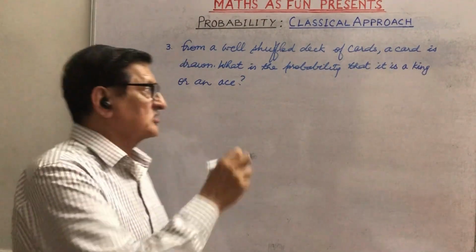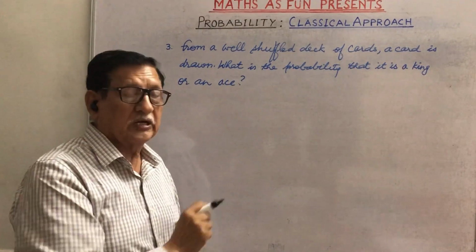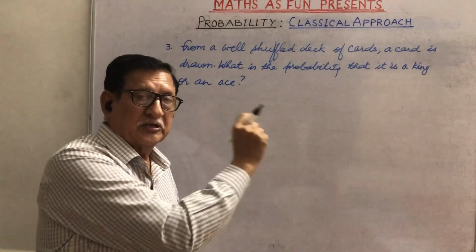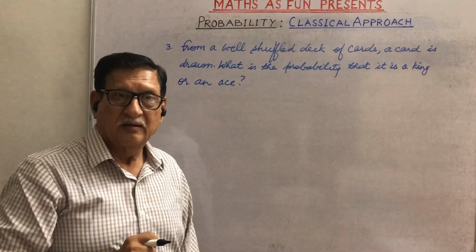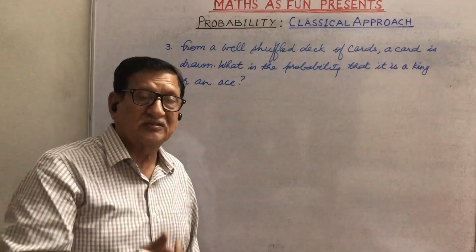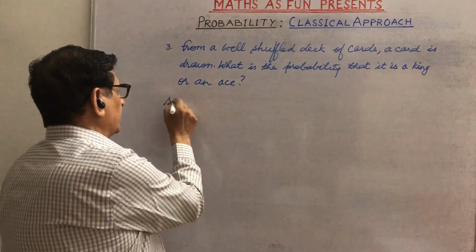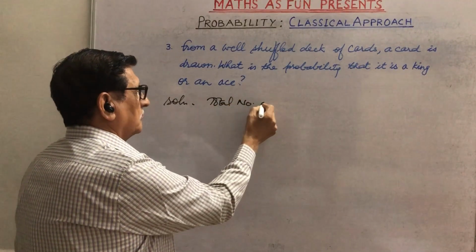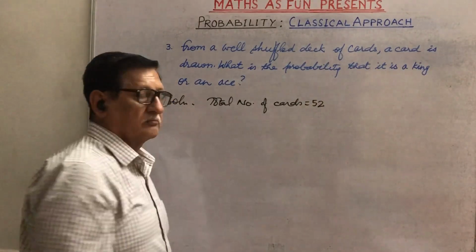The next problem we will discuss here is: from a well shuffled deck of cards, a card is drawn. What is the probability that it is a king or an ace? First we have to know how many cards are there in a deck. There are 52 cards. So we write total number of cards is equal to 52.